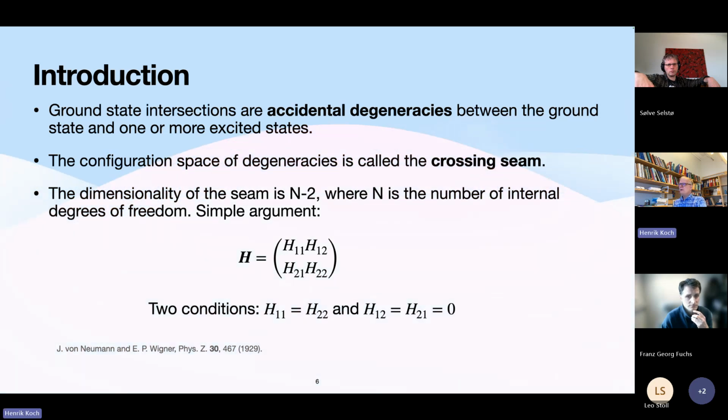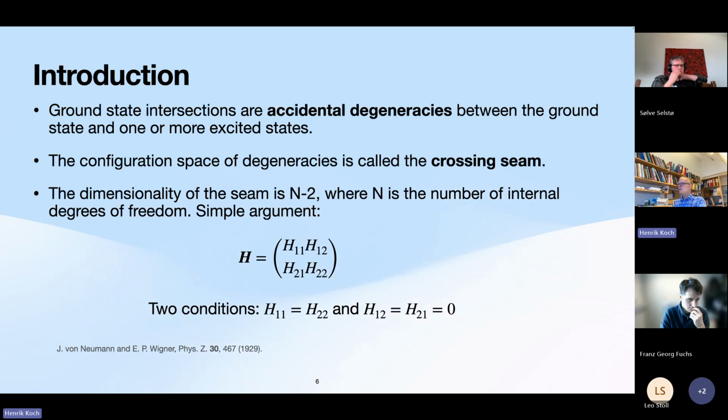The dimension of this degeneracy space can be understood from a very simple example that was already done by Neumann and Wigner back in 1929. If we look at a 2x2 Hamiltonian, then in order to have a degeneracy, the two off-diagonal elements must be 0, and the two diagonal elements must be equal. This gives us two conditions that must be fulfilled in order to get a degeneracy.